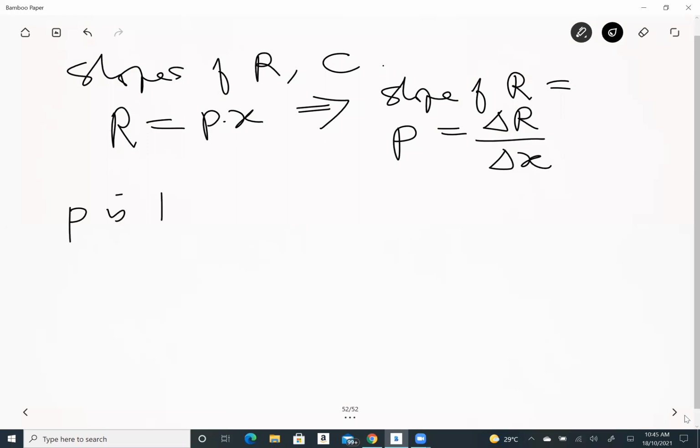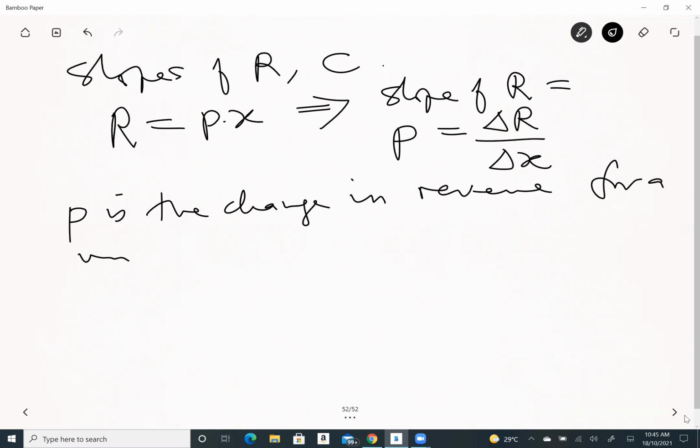I'm giving the general concept: P is the change in revenue for a unit increase in quantity. P is the slope, P is the price. So P is the change in revenue for a unit increase in the quantity sold.